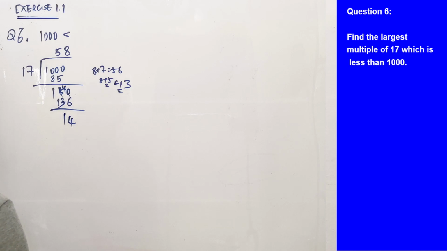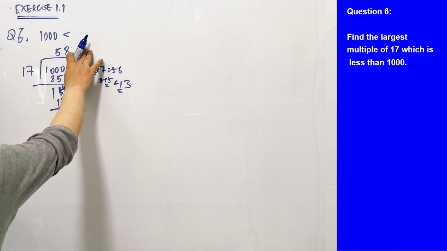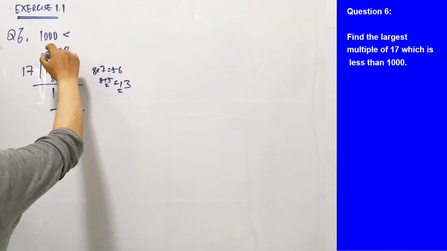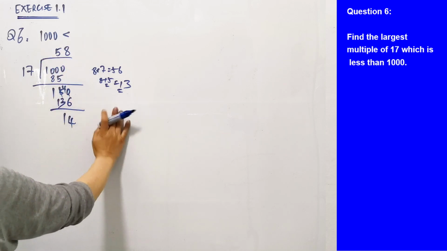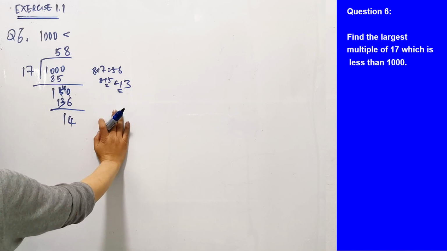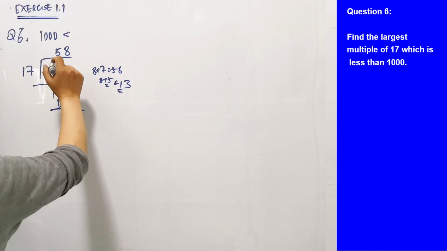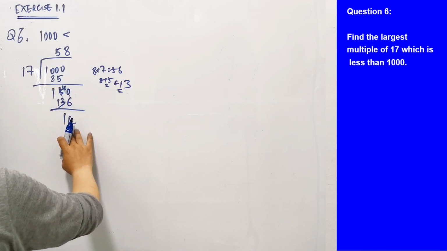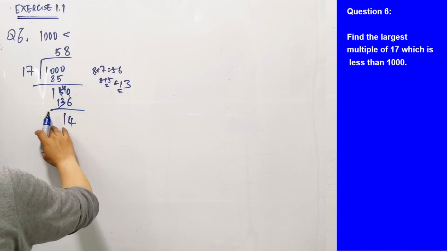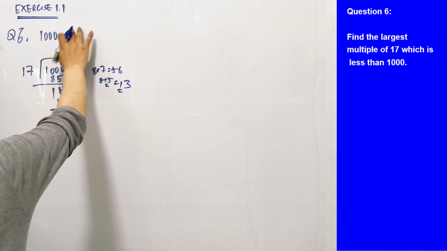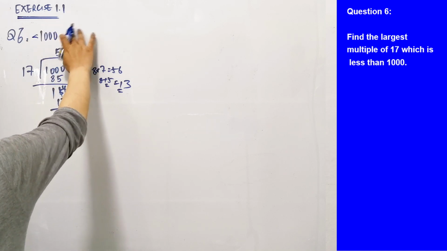So basically we are looking at the largest multiple. The largest multiple is 1,000, so in this case it is less than. So can we use this 58? If you use this one, let's look at the equation. It is less than 1,000.